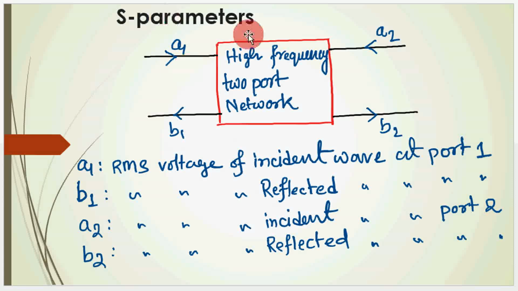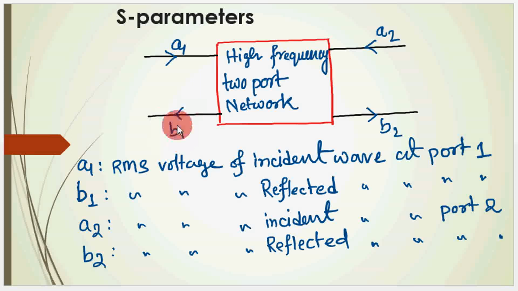Now the S parameters. So you have a high frequency two port network, and A1 is the RMS value of the incident wave, and B1 is the RMS value of the reflected wave at port 1. Here we have shown B1 in this line, but it doesn't mean that A1 is going through this line and B1 is coming through this line.